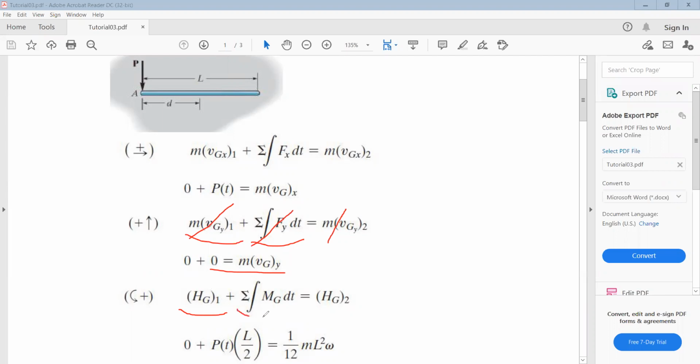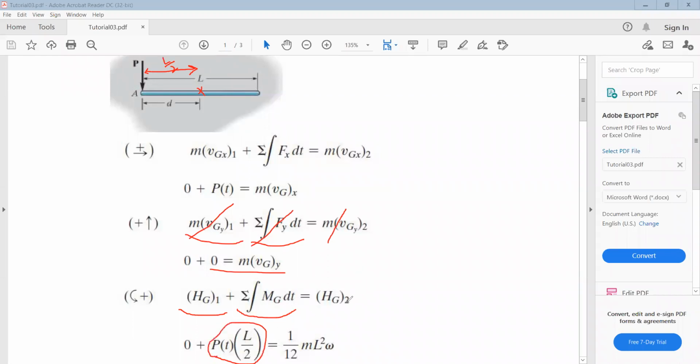We have the angular impulse about the mass center: if this is the mass center, the distance between force P and the mass center is L divided by 2. So it is P times L divided by 2 times T, because we are integrating over time, which is P T L divided by 2.